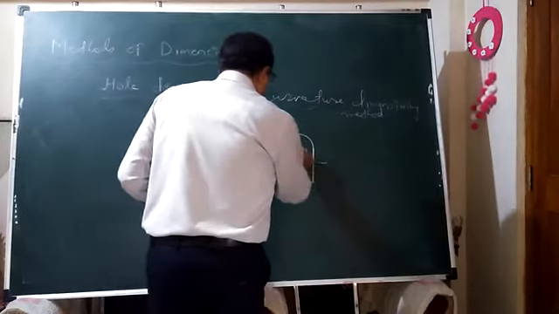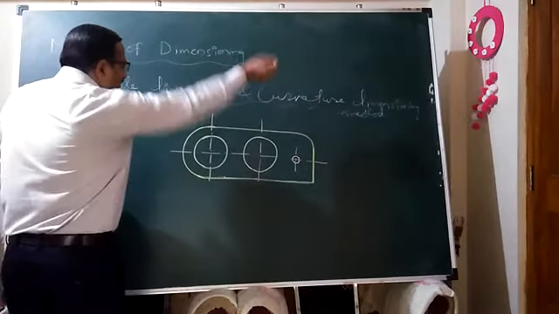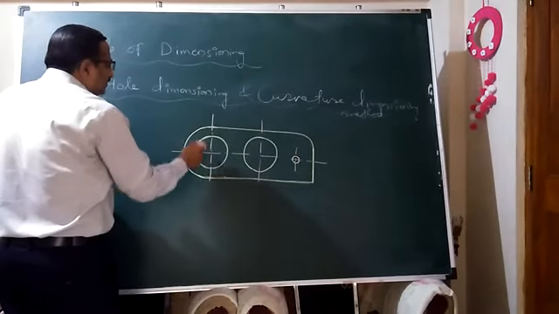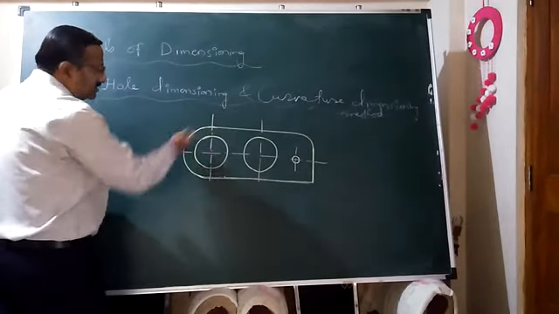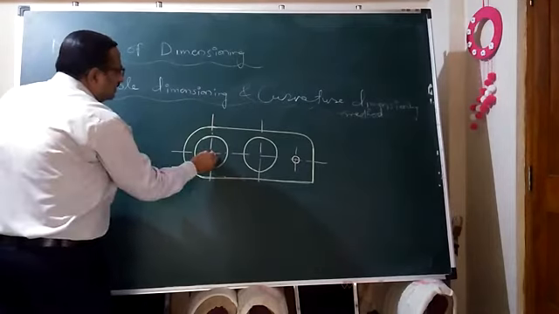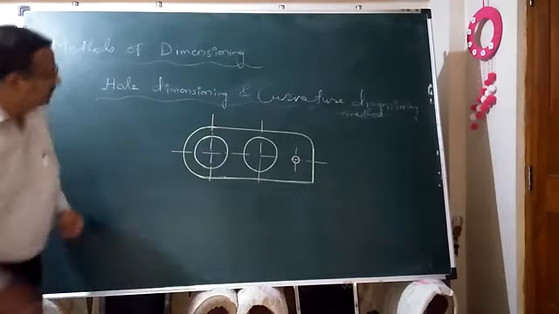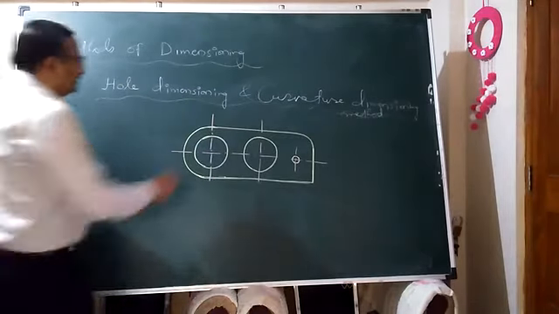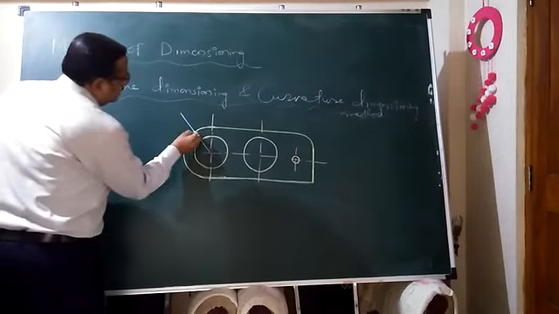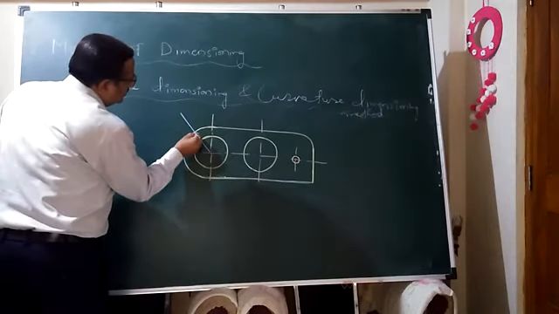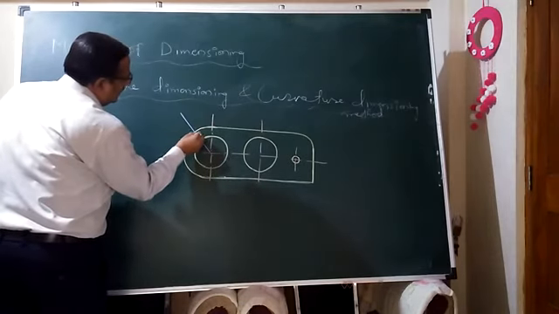Now if I have to show the radius of this semicircle, then what you have to do is create one leader line, a slant line used for showing the radius of this semicircle part, which is called a leader line.